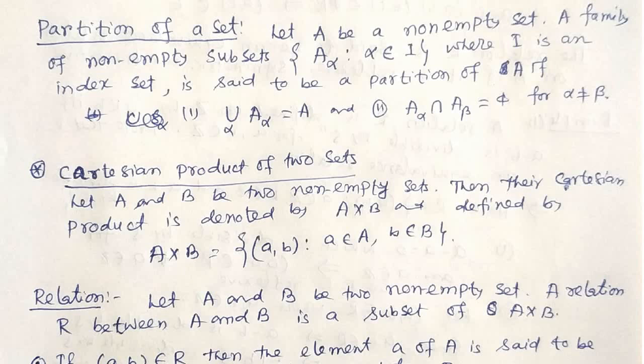And this collection is said to be a partition of that set A if the union of all these subsets is equal to A and the intersection of any two subsets is equal to phi. That is, this is a disjoint collection of subsets of A whose union is A. So we got the definition of partition of A.